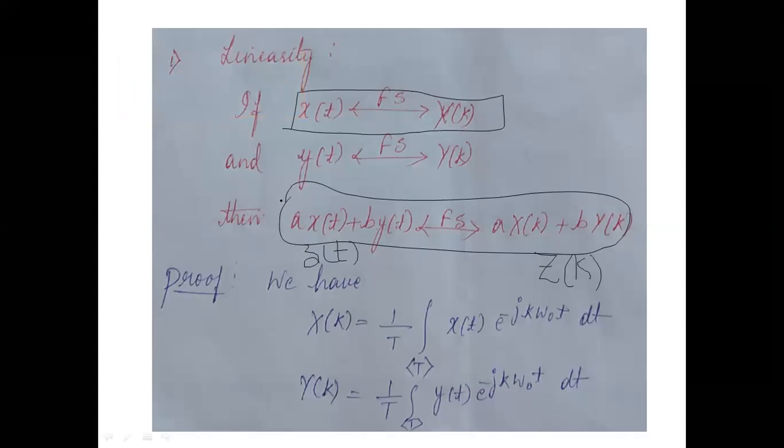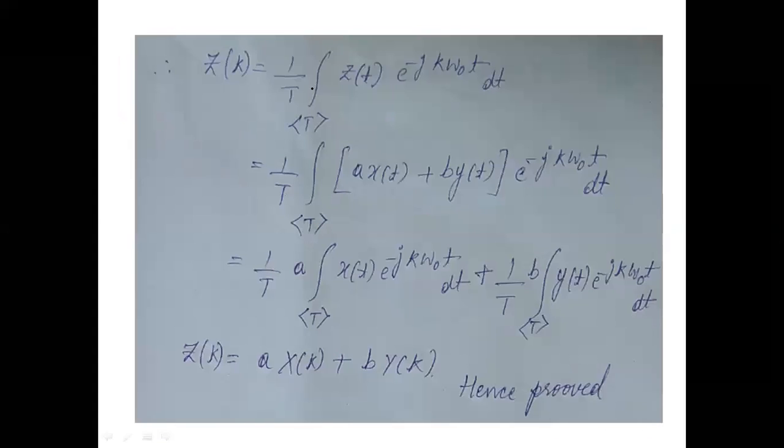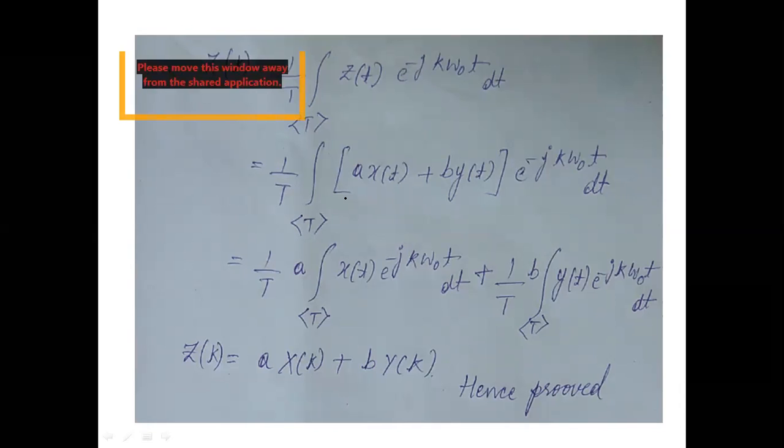Z of k is given by 1 over T integral of z of t into e raised to minus j k omega naught t dt. Now let us substitute z of t, which I took as a into x of t plus b into y of t. Now let us remove this bracket and apply the integration to each term individually.